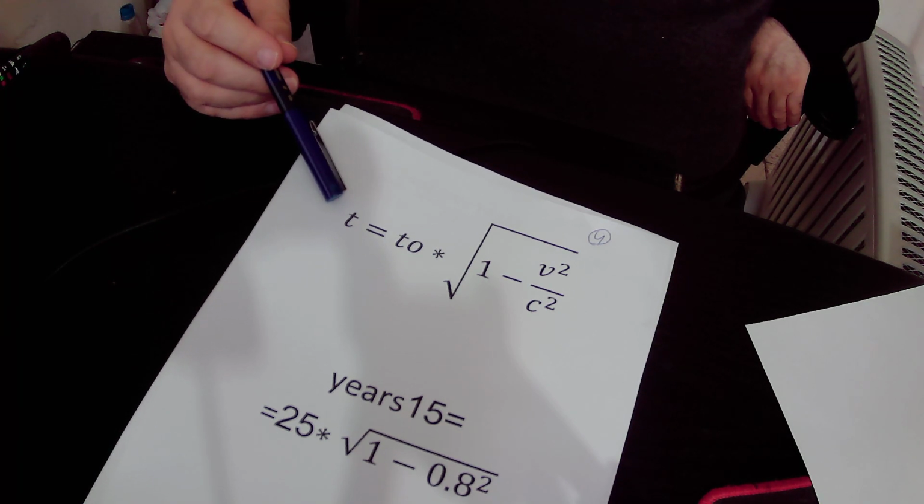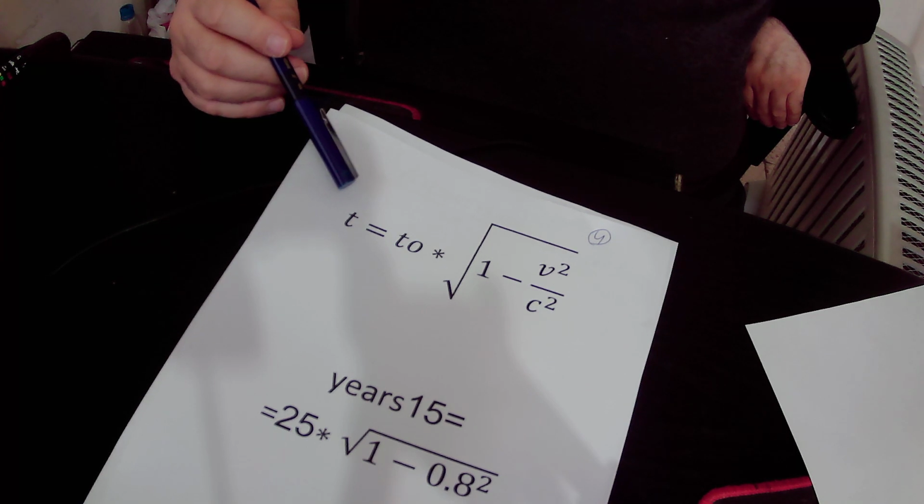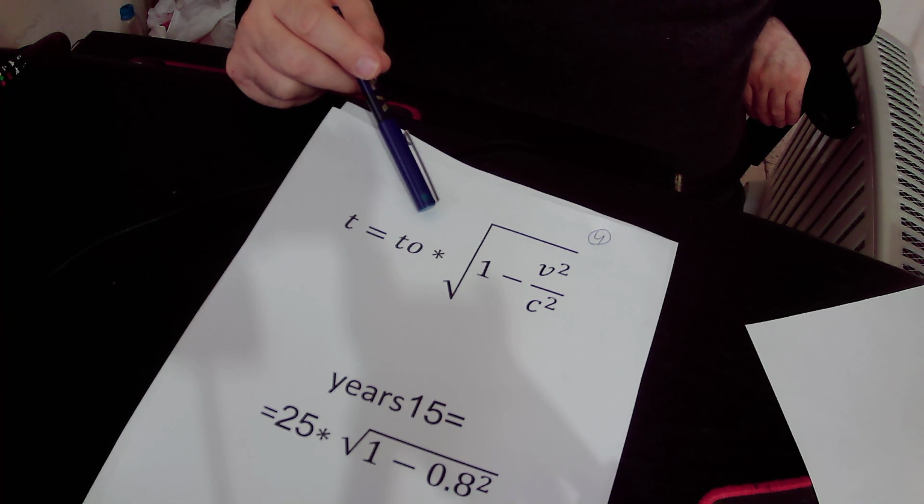T is the total time that is passed in the spaceship during all the journey of the object or the twin brother, for example. It equals T naught. T naught is the total time that is passed on Earth during all the journey.